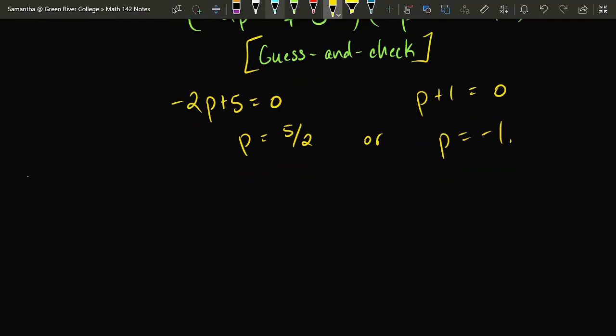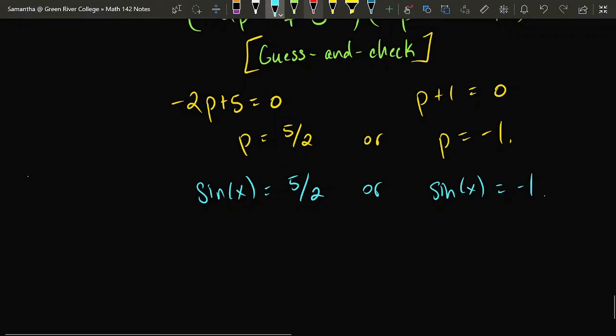So now let's go back and remind ourselves that p was just a nickname for sine of x. And we're trying to find values of x that will make either one of these equations true.